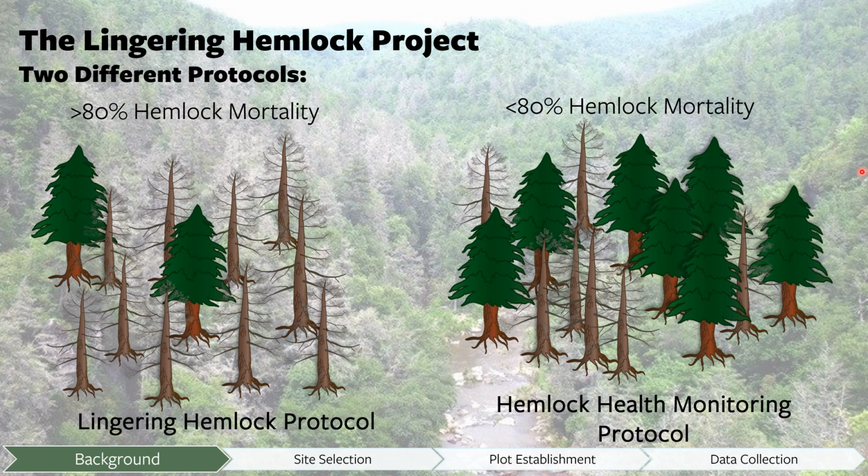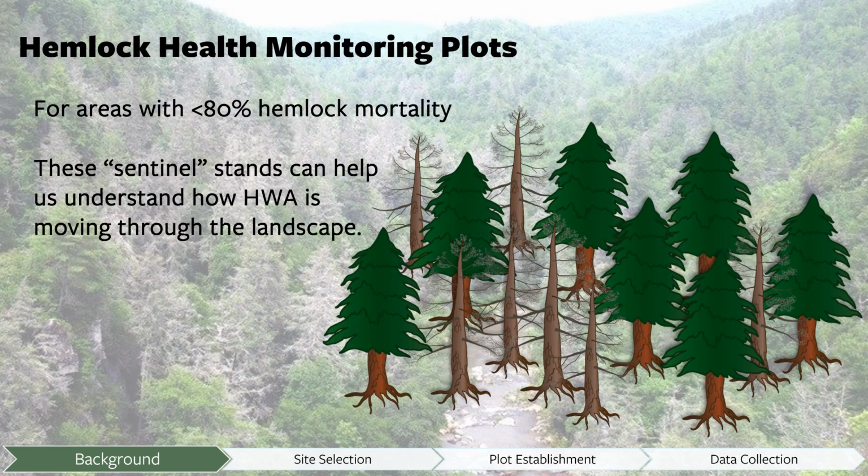But in some areas, hemlock mortality has not yet reached 80%. That's where this other protocol, our main focus today, the Hemlock Health Monitoring Protocol, comes into place. Basically, the idea here is to set up a network of hemlock plots throughout the range of eastern hemlocks where 80% hemlock mortality has not yet occurred.